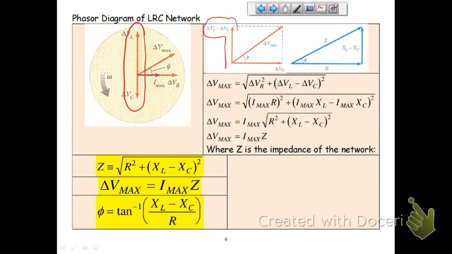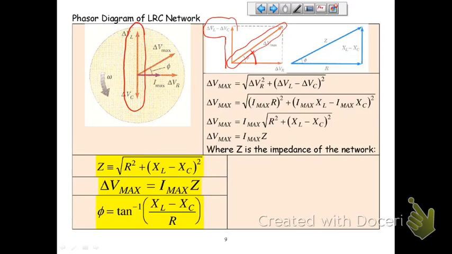So we'll end up with a resultant, which has a certain value dependent upon Pythagoras and a certain phase angle. Which means, and this is the skill, that I can represent this as a phasor diagram in impedance.